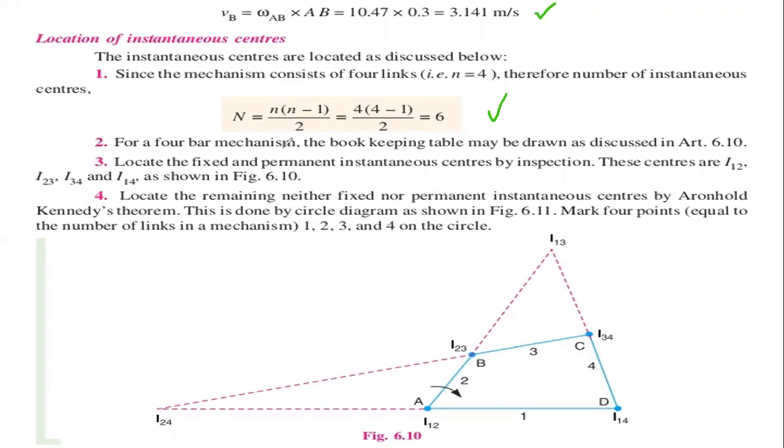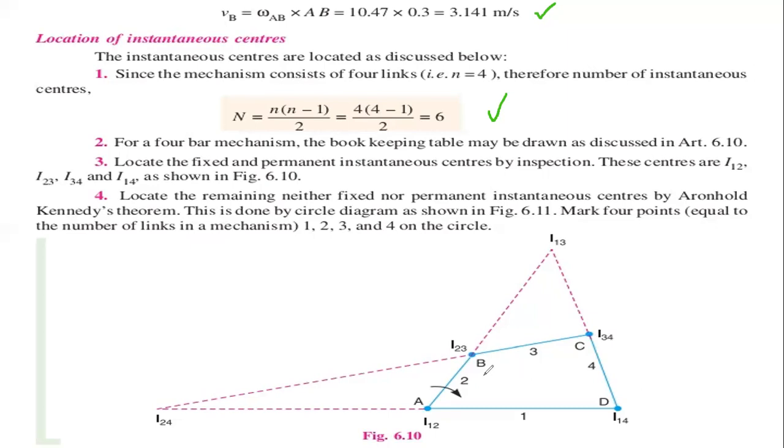For a 4-bar mechanism, the bookkeeping table may be drawn as shown in the figure. This is the figure to be drawn in the book. Firstly, you need to draw this quadrilateral with a suitable scale, and then we are going to locate these centers. Already we got 4 centers, that is I12, I14, I34 and I23, and we are going to locate 2 more centers.